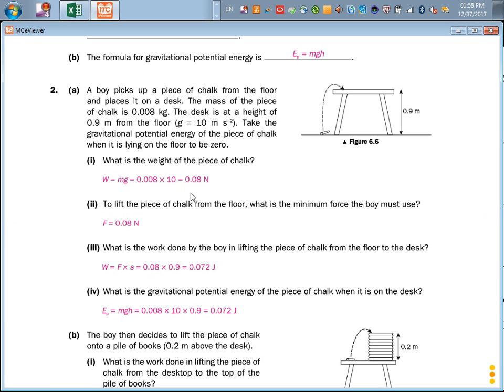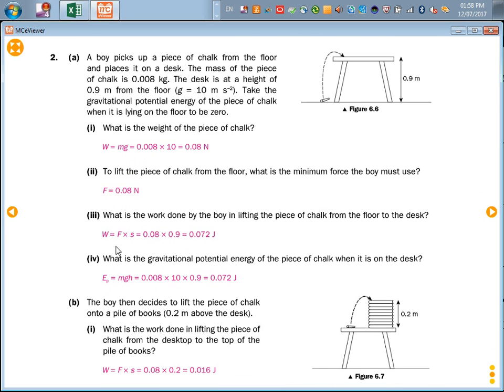That's why when you want to lift something heavy, you need to provide more force. You are trying to counter the weight of the object. So in this case, the force to be applied will be the same as the weight of the object. If you apply a greater force than the weight, then the object will accelerate upwards. If you apply a force that is smaller than the weight, then it will stay on the floor.